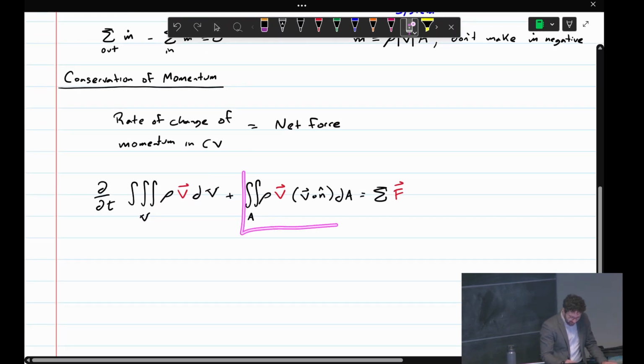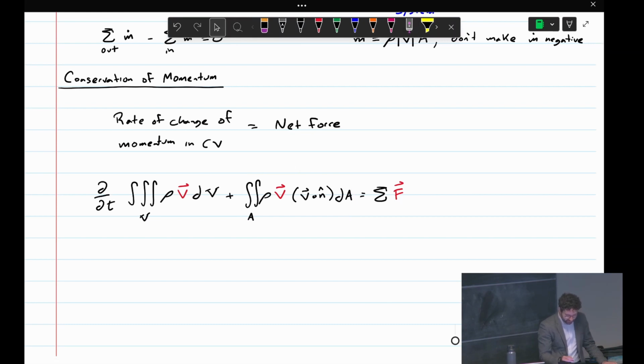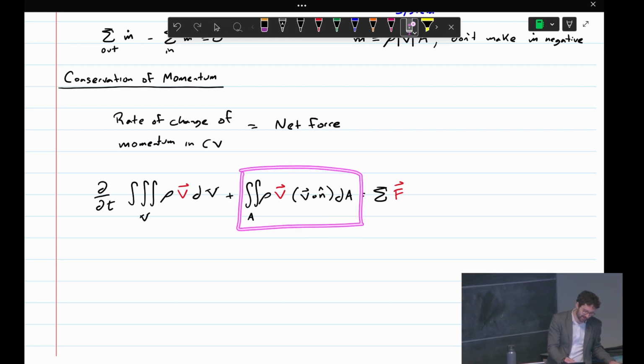This is the net momentum flux. The small mass flux coming into our CV has a certain velocity, so it's going to carry momentum in or out of our CV. That's kind of what Reynolds transport theorem is. It's hard to think about something carrying momentum, but every moving mass carries momentum. So we have to account for that in our CV's momentum balance.